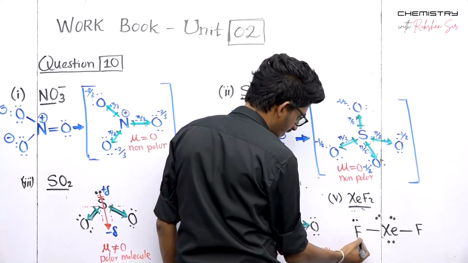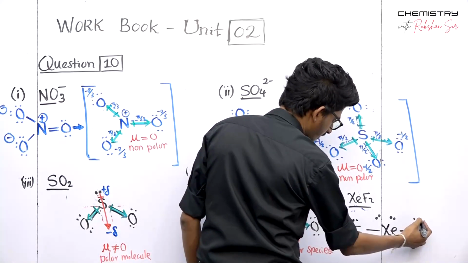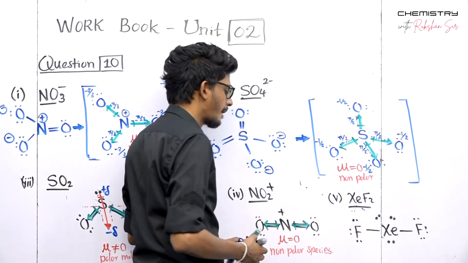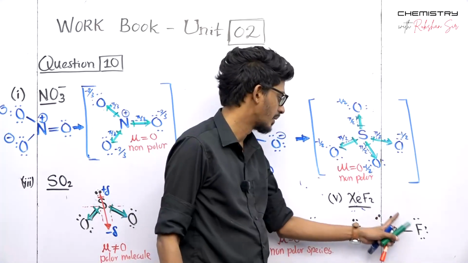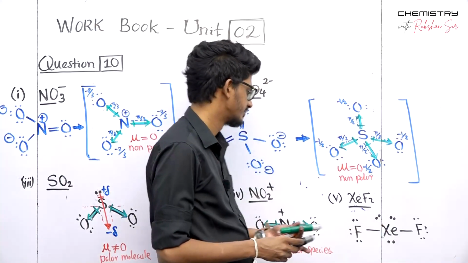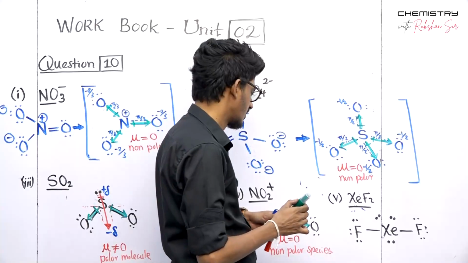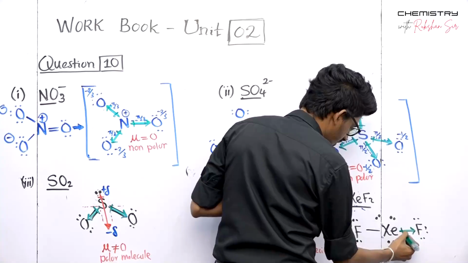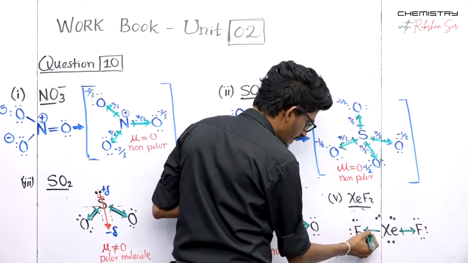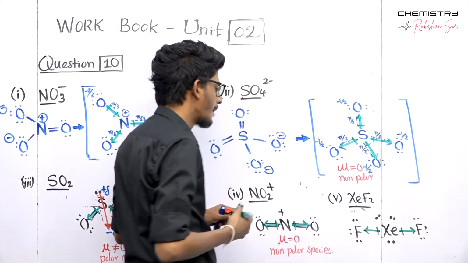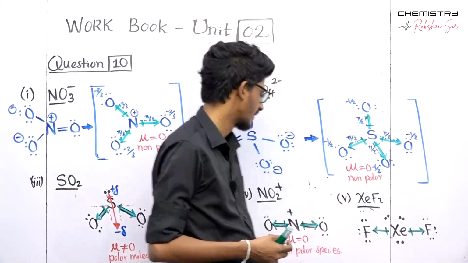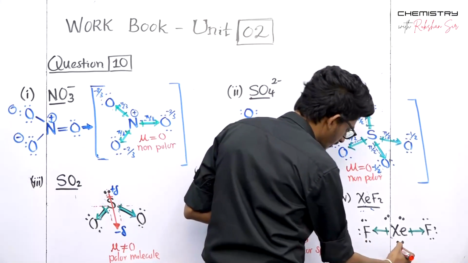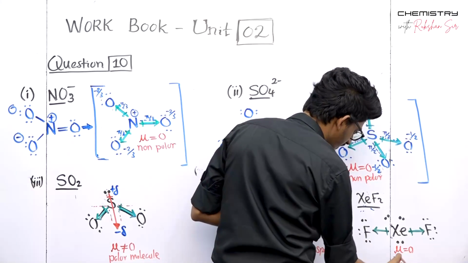So this is how the XeF2 looks. It's a linear molecule coming from the trigonal bipyramidal electron pair geometry, right? So there also we have two dipole moments of the same magnitude but opposite directions, like this case, right? Again those will cancel off, giving you a zero net dipole moment. It is also non-polar.